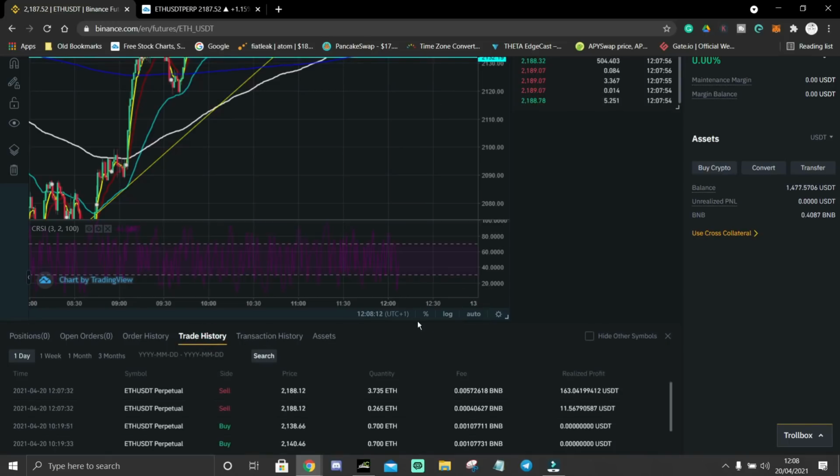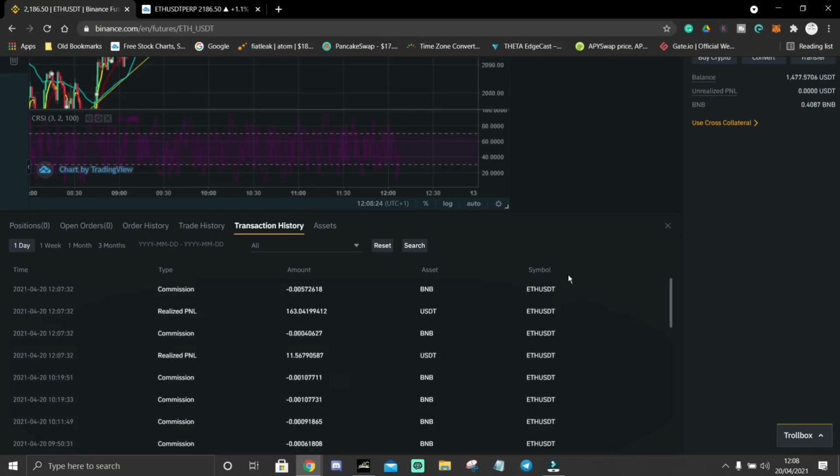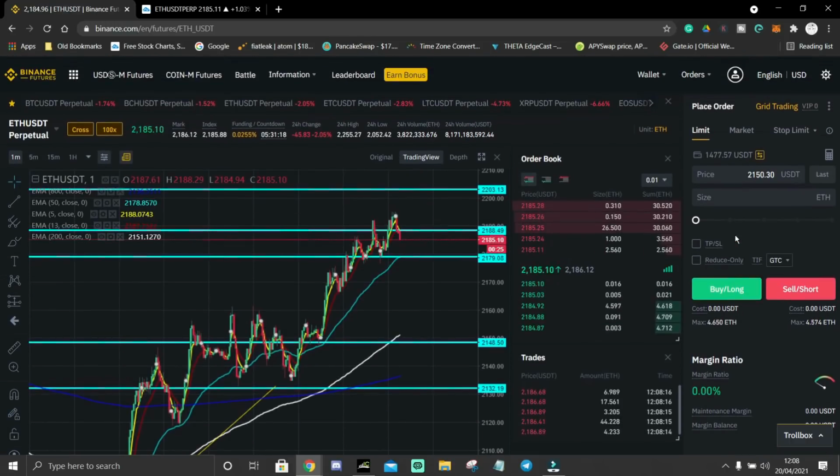But there we go. 163 USDT, 11 right there. So what do I understand that as? Yeah, good news. Happy days. Look at that for a fee, very minimal. I hope that helps. I mean, look, pullback is happening.